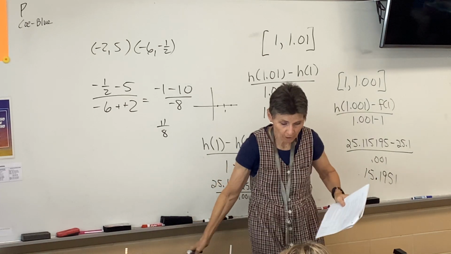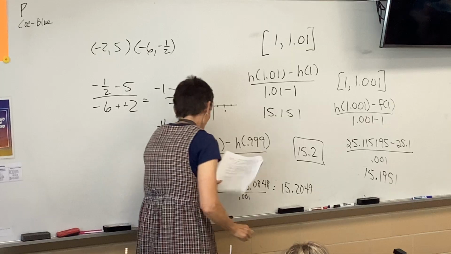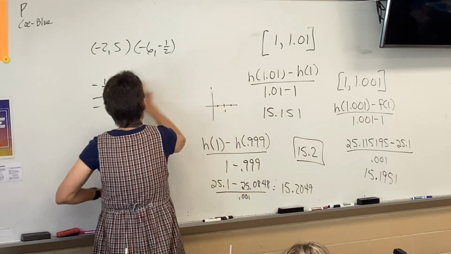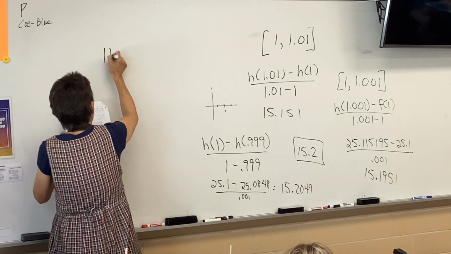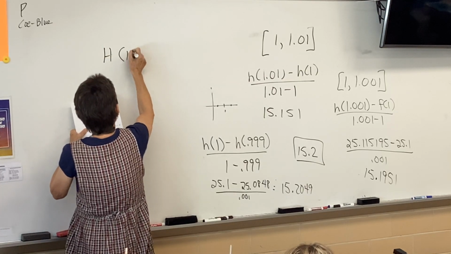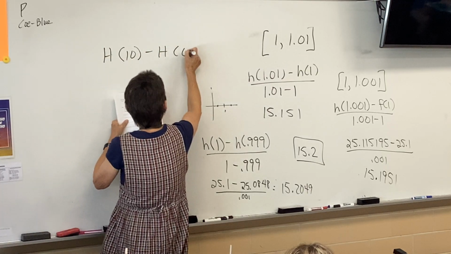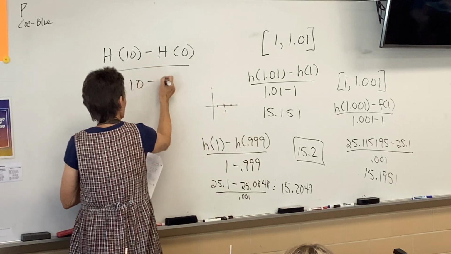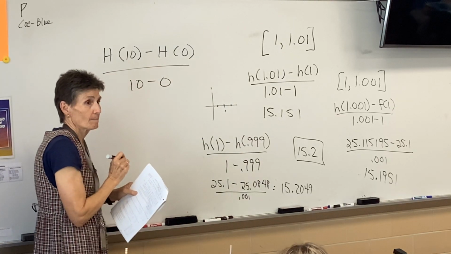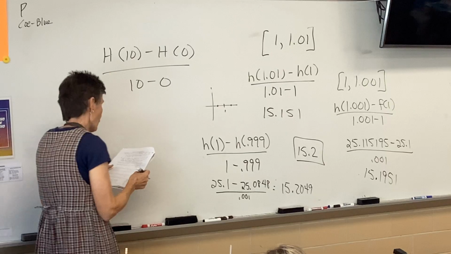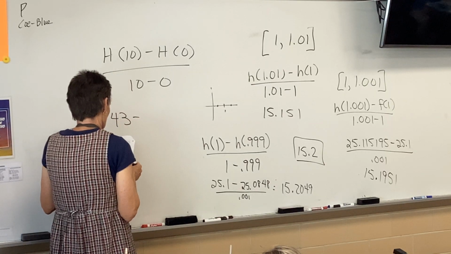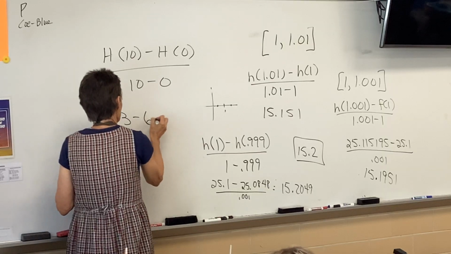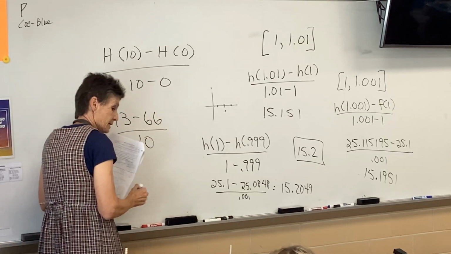Okay, so what's your work gonna look like? On average, over the whole 10-minute interval, won't that be h of 10 minus h of 0 over 10 minus 0? So h of 10 is 43. h of 0 is 66. I'm making a negative number.